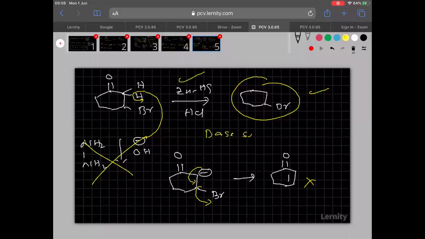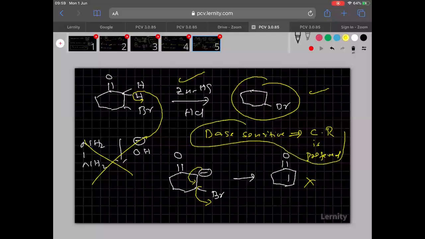In case of base sensitive groups, Clemmensen reduction is preferred.